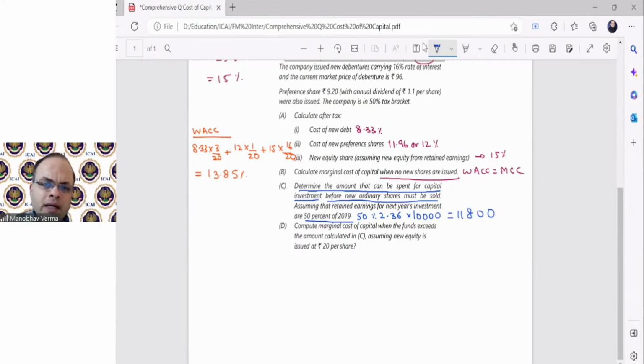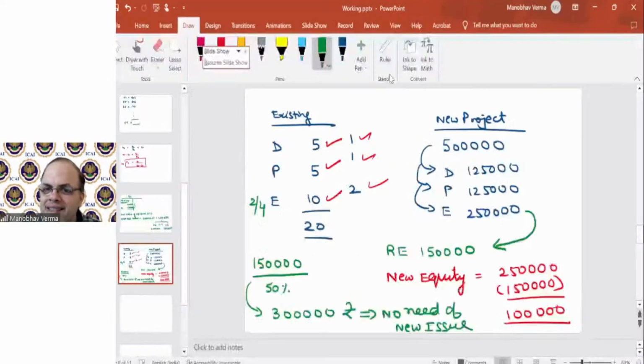So guys, can you now tell me how much amount can be spent for capital investment before new ordinary shares must be sold? Mind you, for answering this, you can actually use the concept I explained before the break, the concept which is on this slide. Remember, I told you in this example that till 3 lakhs of investment, no need of new issue.